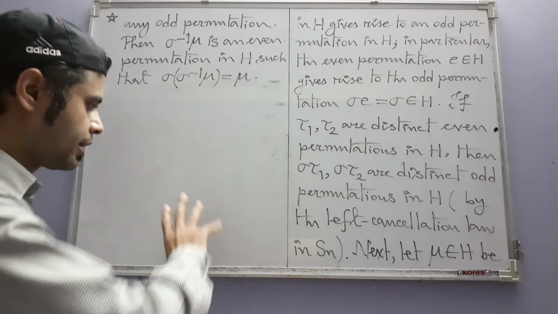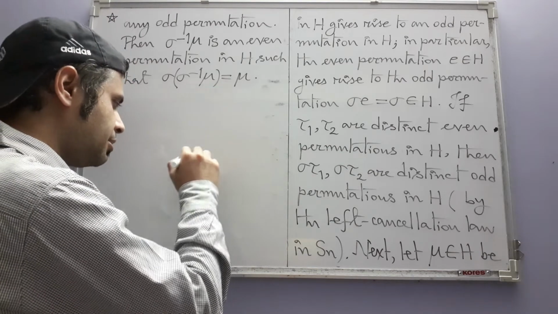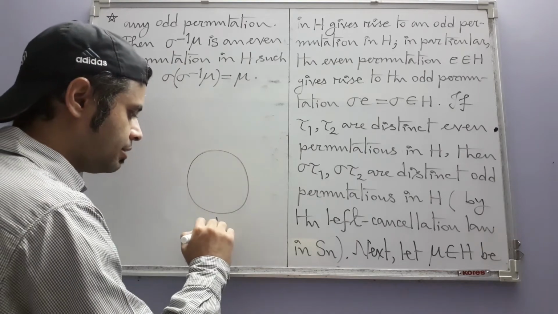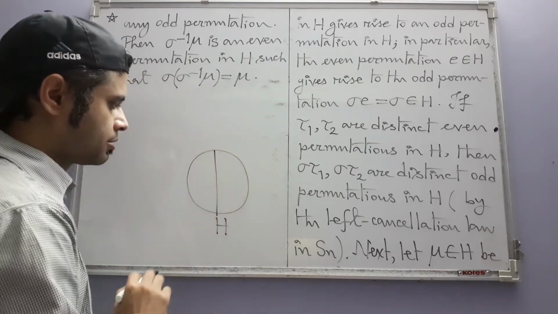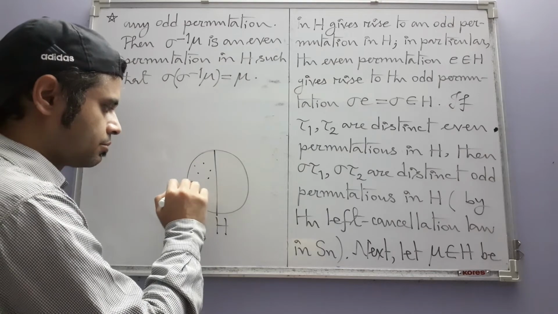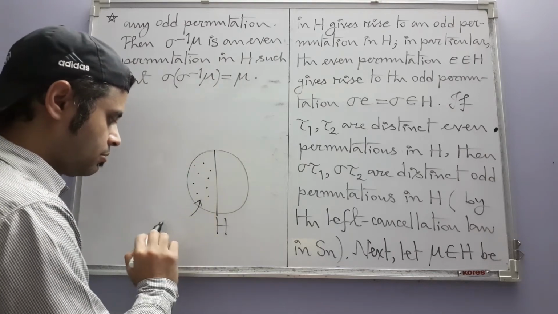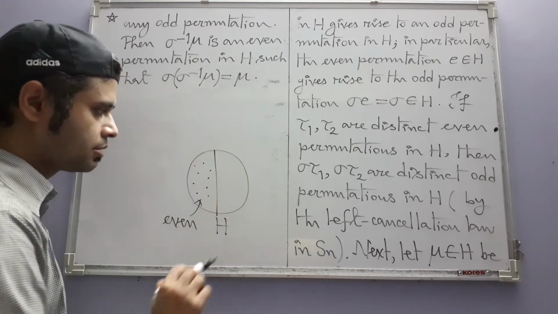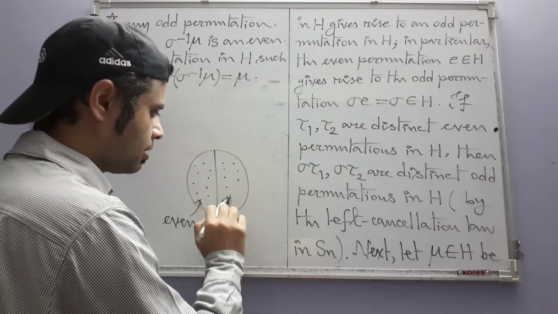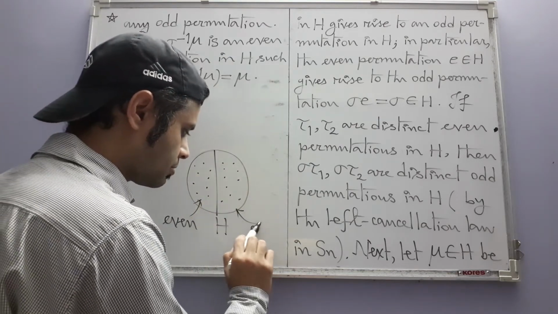It tells us that the elements in H can be divided into two parts. One of them contains all the even permutations and one of them contains all the odd permutations.